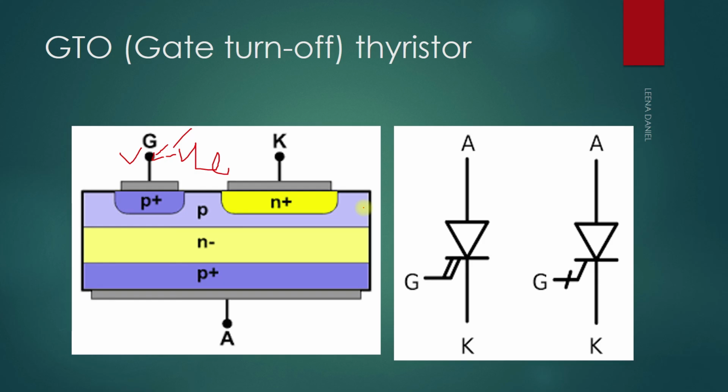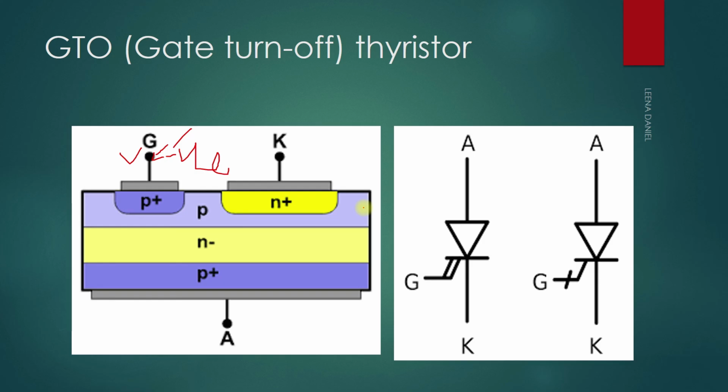Due to the multi-cathode structure, the triggering gate current is higher than that required for the conventional SCR. Gate drive circuit losses are more here because we have to drive the gate circuitry in both the turn on and turn off processes. One more disadvantage of GTO is that its reverse voltage blocking capability is less than its forward voltage blocking capability.